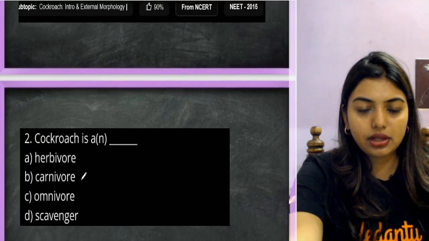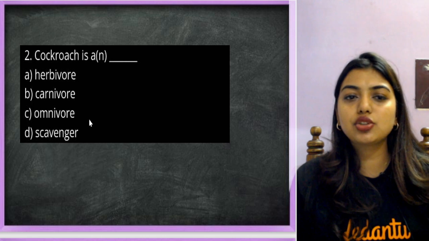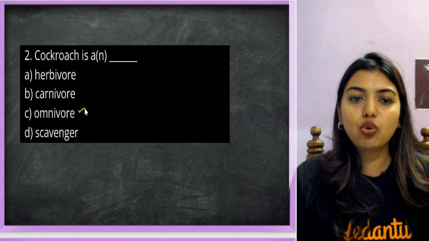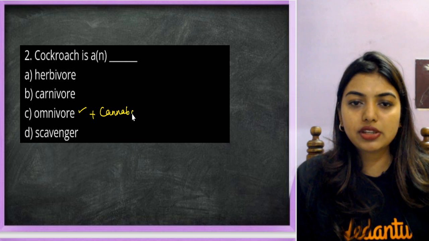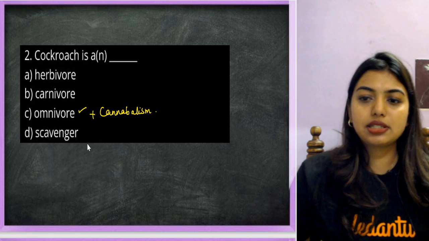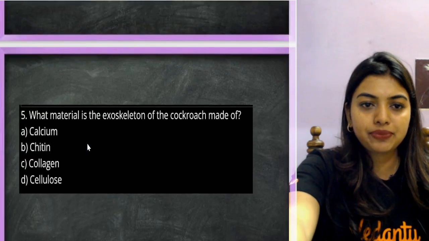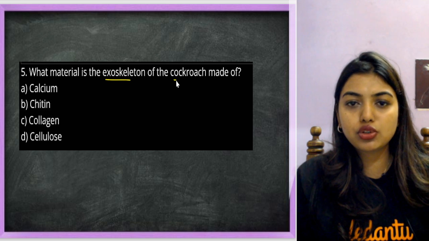Yes, very good. Now, this is a very easy question. Herbivorous, carnivorous, omnivorous, scavengers. They are omnivores, plus they can show cannibalism. Not always, okay? Sometimes they do show cannibalism, where they will consume their own species. Clear? Cannibalism is C. What material is the exoskeleton of cockroach made up of?